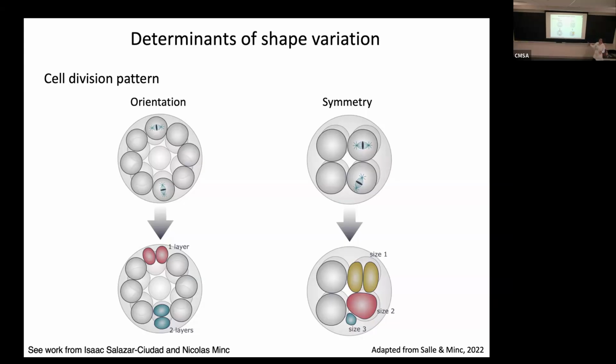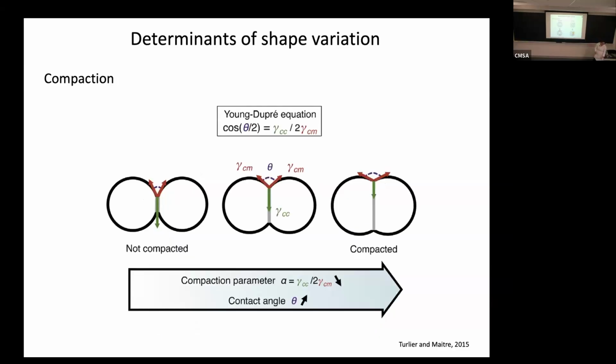I haven't put that down here, but synchrony and asynchrony of cell division also changes the shape. Because if all the cells are dividing at the same time, they are undergoing this rounding and changing their properties all at the same time, and that creates a certain shape. If half of the cells are dividing and the other half are not, they can compensate and organize differently. We'll see some examples of this.